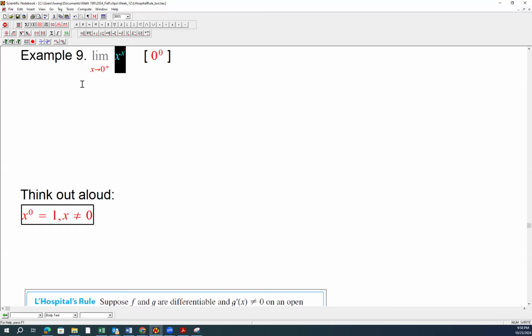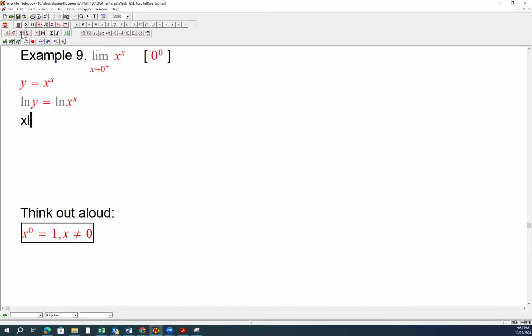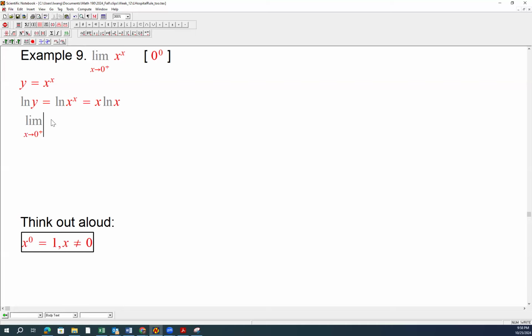So we're going to handle this with the same technique. Let y equal x raised to the power x, and we take ln y on both sides. So we have ln of x to the power x, and by the power rule of logarithm, then we take the limit of ln y on both sides.